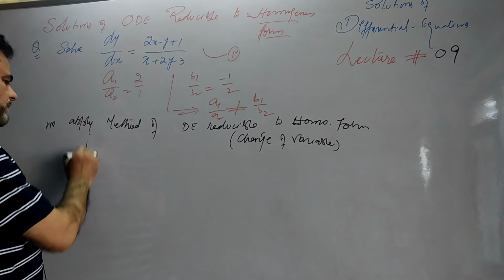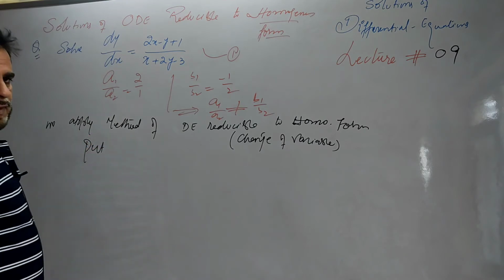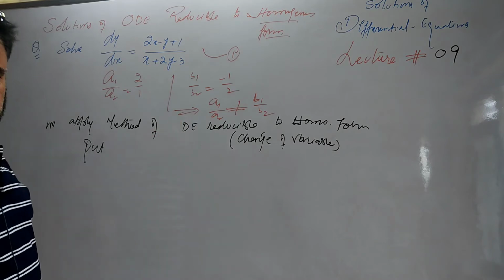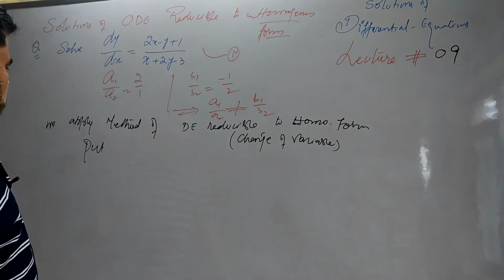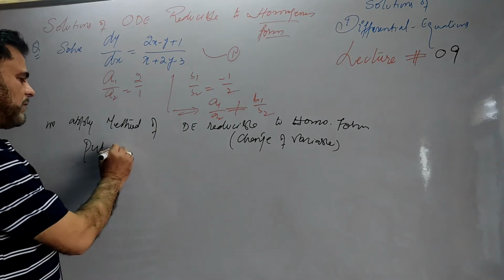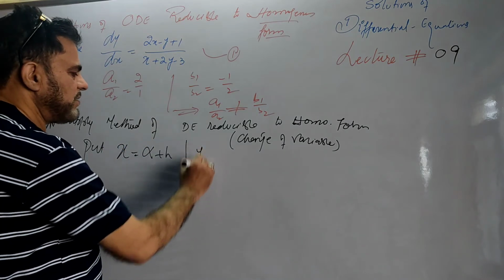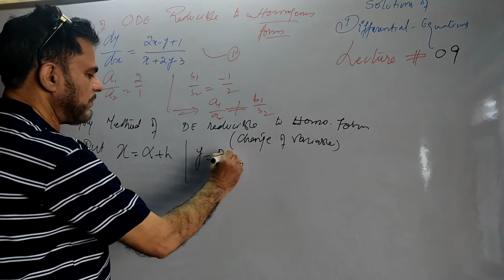We put, as we discussed in the previous lecture (we are here in the 9th lecture, and you will revise your 8th), x is equal to alpha plus h and y is equal to beta plus k.